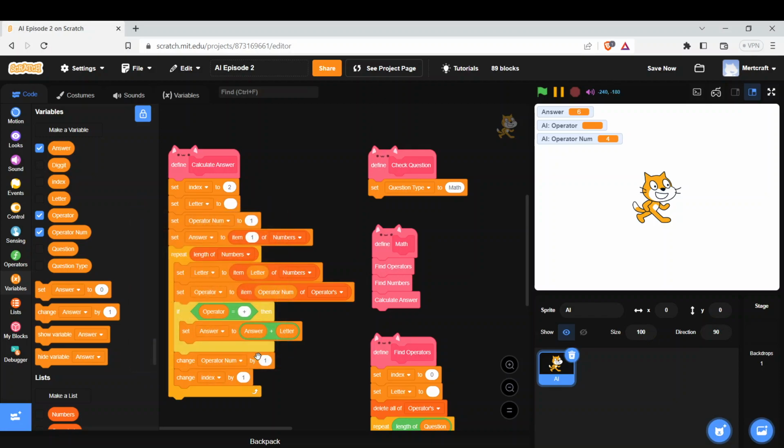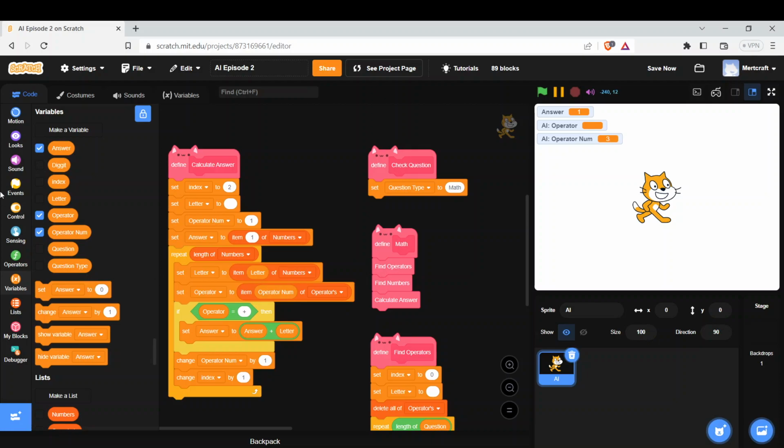Yeah, so if we enter 1 plus 1, our answer sets to 1. But what? Wait, why is it not working? What did I do wrong?